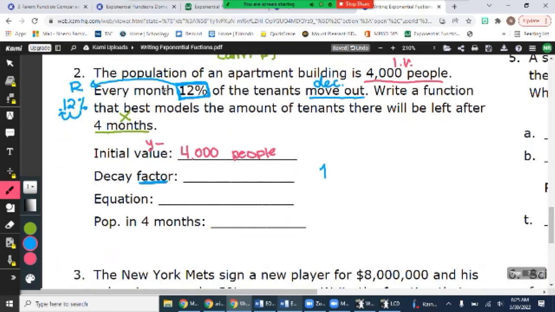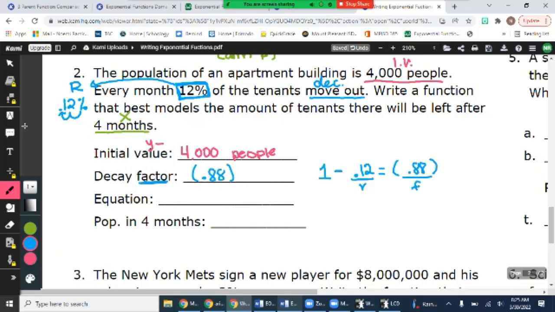So I need my formula. 1, because we're moving out, minus the rate. 1 minus the rate will give me the factor. What is the rate? 0.12, but 1 minus 0.12 gives me 0.88. Now I'm going to keep that 0.88 in my parentheses.